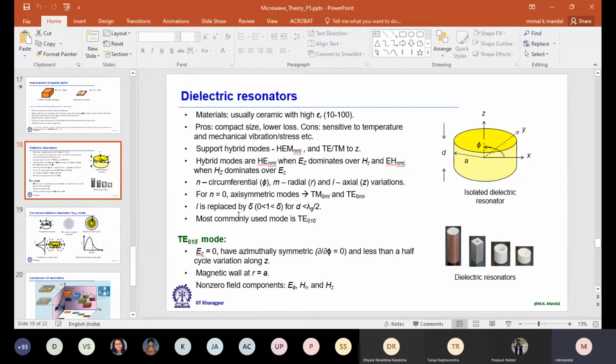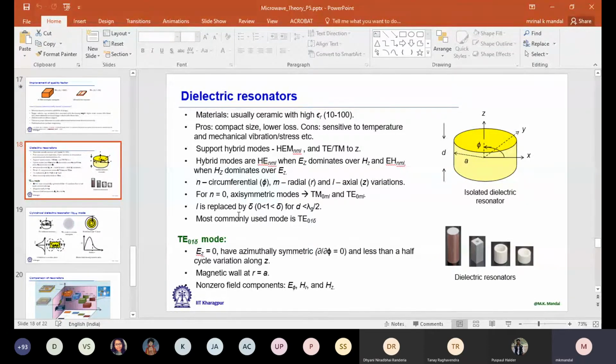That means if we don't have any phi variation, it will look symmetric with respect to the axis, and we call them axis symmetric modes. TM will be represented by N equal to 0 then. So TM0ML and TE0ML modes are axis symmetric modes.